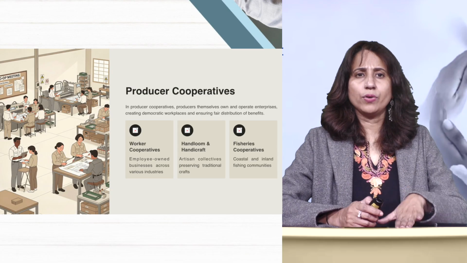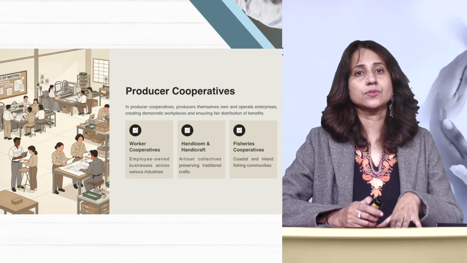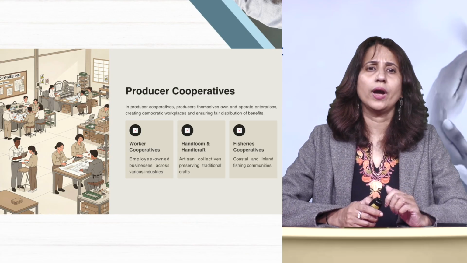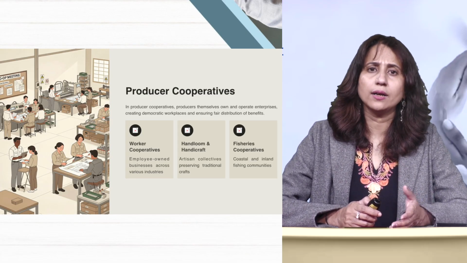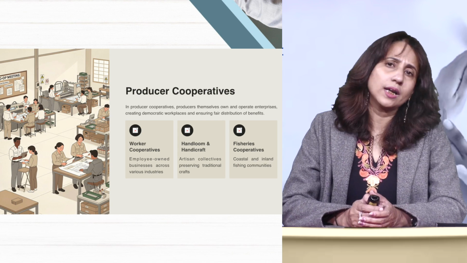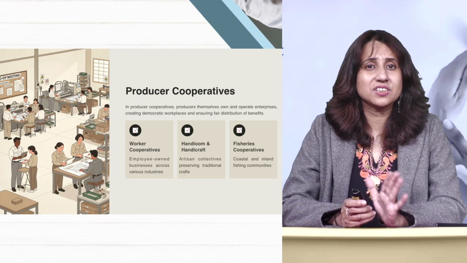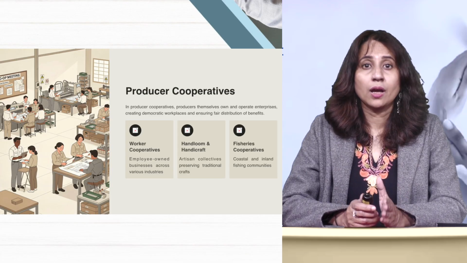This is a cooperative where the producers themselves own and operate the enterprise, from worker cooperatives to artisans' collectives. Here we have to talk about the worker cooperatives. The worker cooperatives represent a distinctive model where employees themselves own and democratically control the enterprise, blurring the traditional distinction between capital and labor.